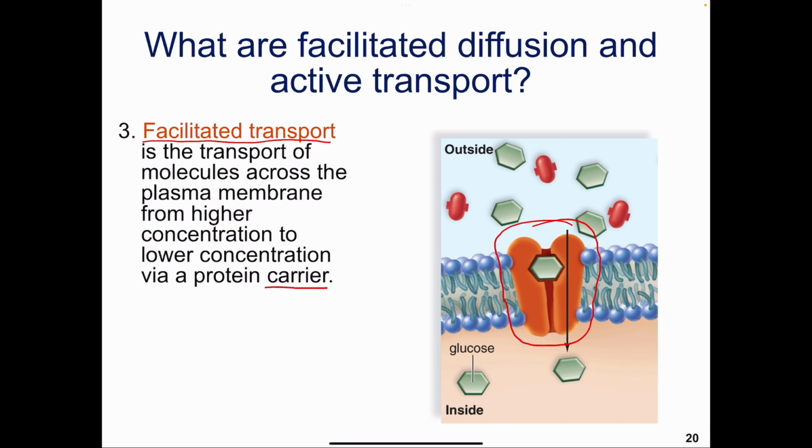In facilitated transport, the molecules are moving from a compartment of high concentration toward a compartment of low concentration. That's why you have the green molecule here going from the outside toward the inside. The net movement is going to stop when you have equal concentration on both sides, inside and outside.